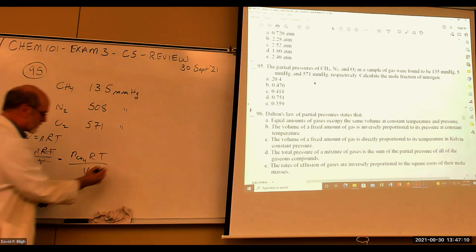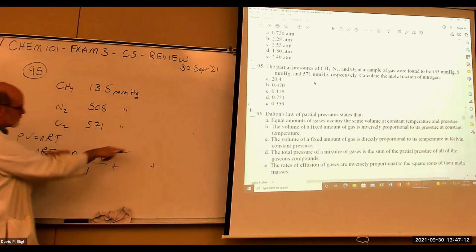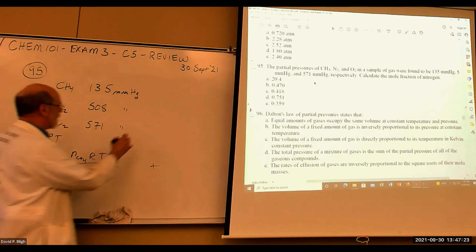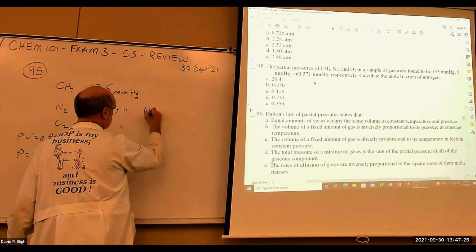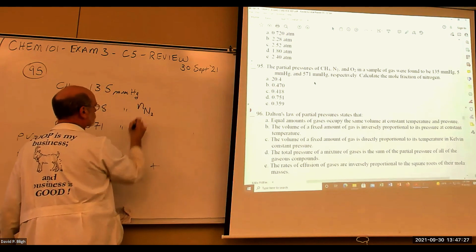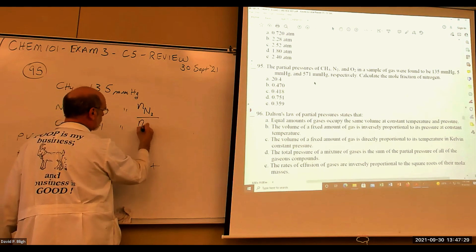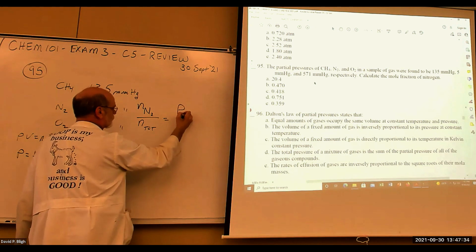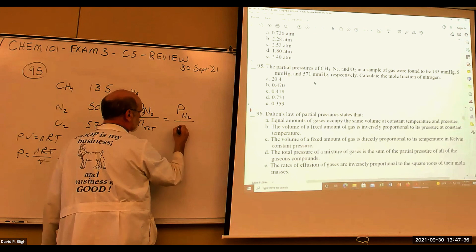These represent the pressures of each one of those gases. And since these don't change, then the pressure is proportional to the moles. So if we do the mole fraction of nitrogen, the moles of nitrogen over the total moles is the same as the pressure of nitrogen over the total pressure.